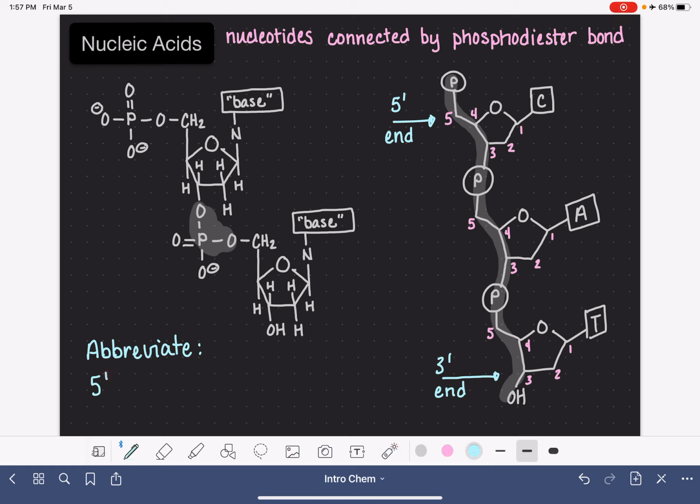This little apostrophe looking thing is pronounced prime. We'll put a dash, and then we're just going to list every single one of the one-letter abbreviations for the bases, in order, without separating them with any kind of dash. And then when we get all the way down to the end, we'll say that's the 3' end. So we always abbreviate these nucleic acids using the one-letter abbreviation of the base, starting at the 5' end and working our way down to the 3' end.